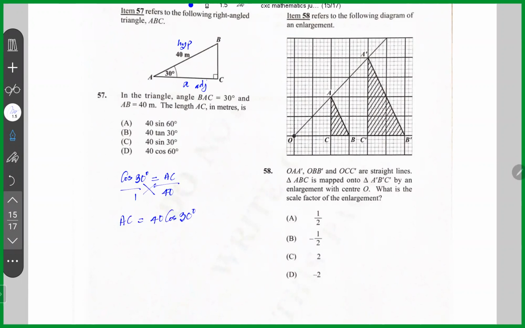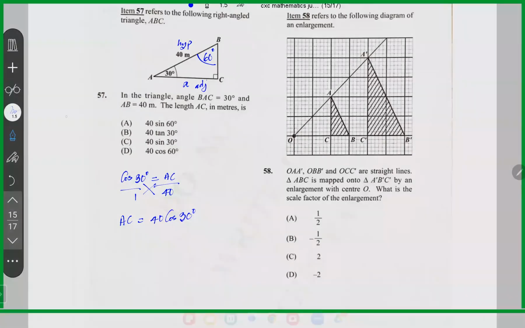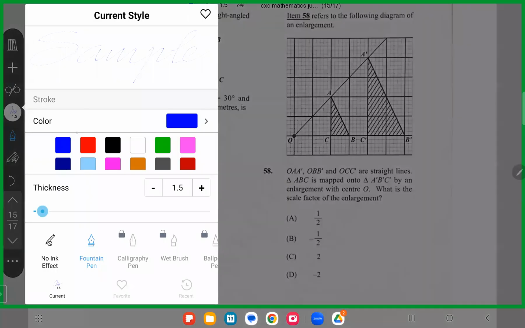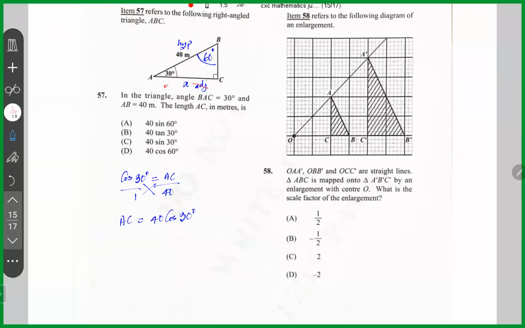Interesting. I love it when you examine the stuff like this. All right, this is 60 degrees. 40 cosine 30 is not there. This is opposite. This is opposite to the 60 degrees. And 40 is still the hypotenuse.